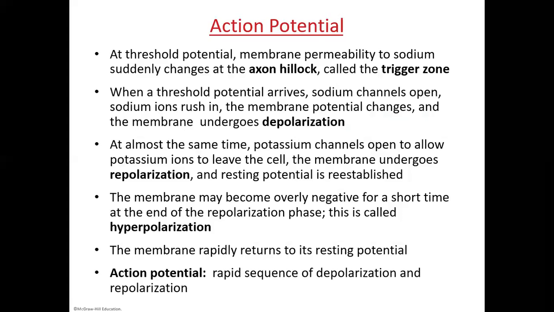And that reestablishes resting potential in that area on the axon temporarily. Sometimes it gets overly negative, and we'll call this hyperpolarization, hyper for too much. After that point, the sodium potassium pump picks up and resets everything back to its original resting potential.